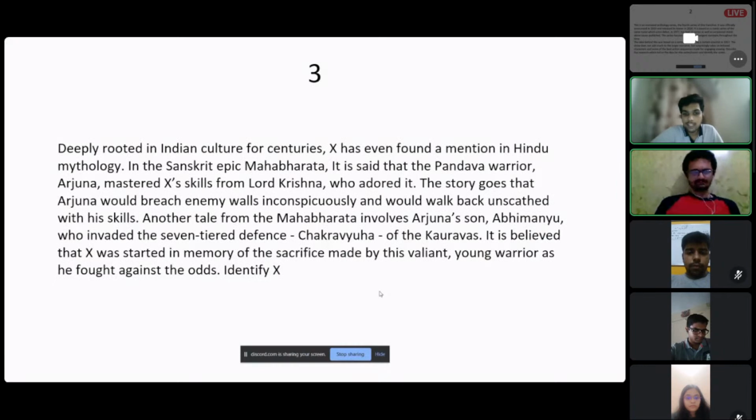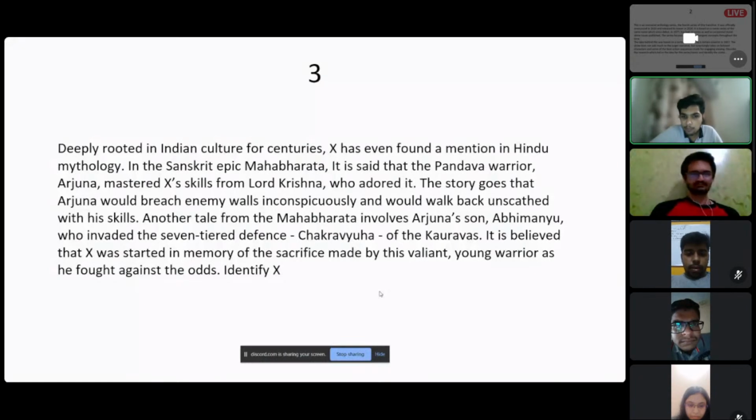Very interesting question. Deep rooted in Indian culture for centuries, X has even found a mention in Hindu mythology. In the Sanskrit epic Mahabharata, it is said that Pandav warrior Arjun mastered X skills from Lord Krishna, who adored it. The story goes that Arjun would breach enemy walls inconspicuously and would walk back unscathed with his skills.